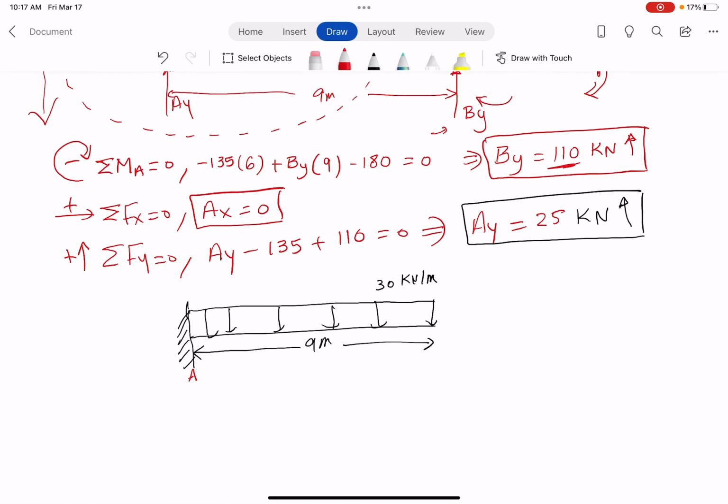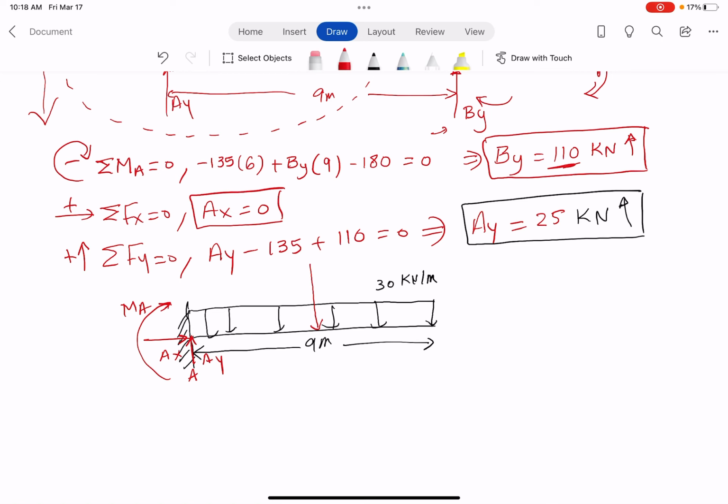Let's say this is A. So we have AY, AX, and moment at A. You should start by finding the equivalent load. 30 times 9.